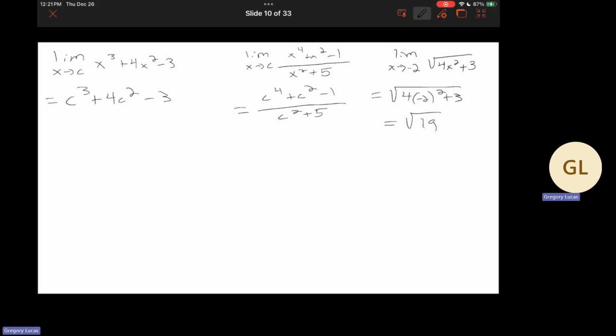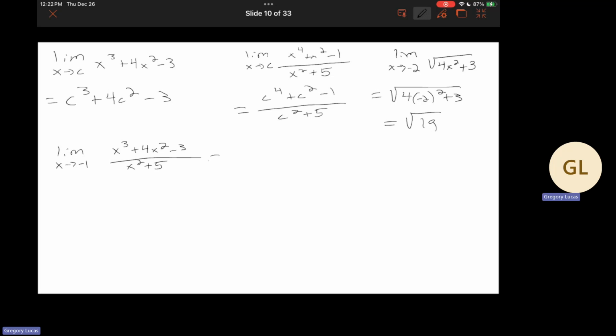So let's look at a little more complicated example now. Let's say we have the limit as x goes to negative 1 of x to the third plus 4x squared minus 3 divided by x squared plus 5.